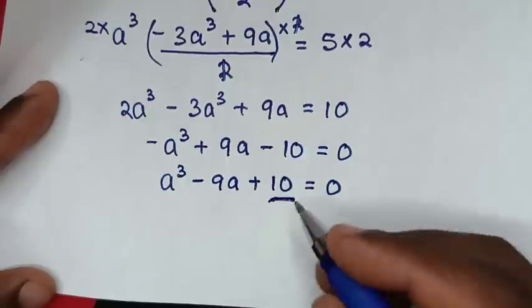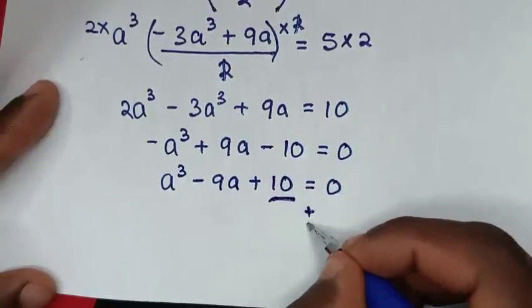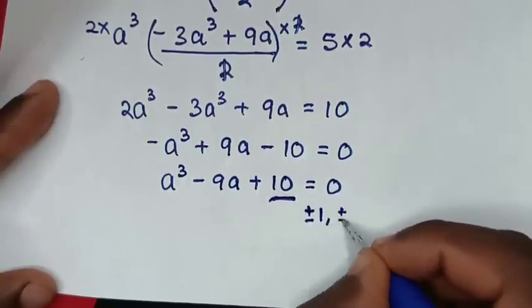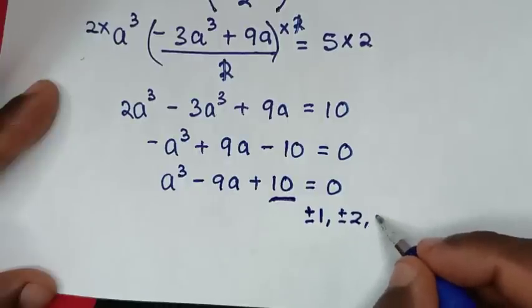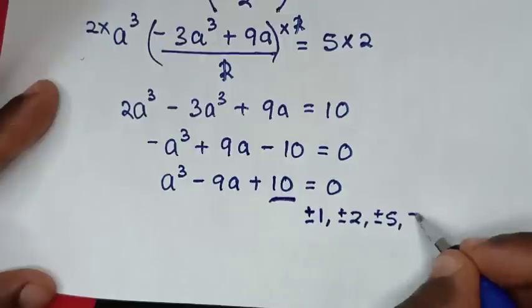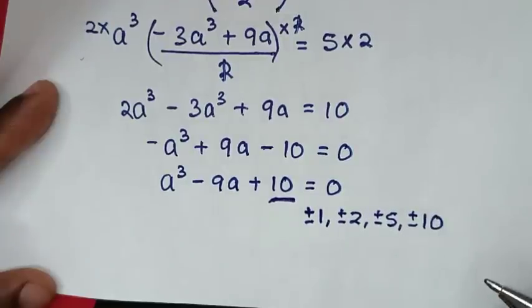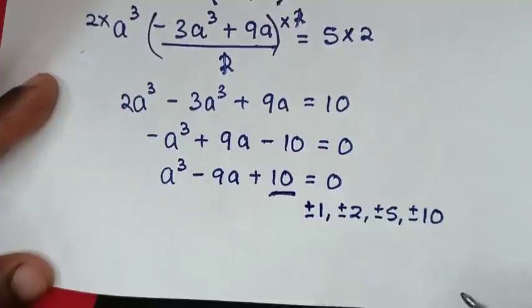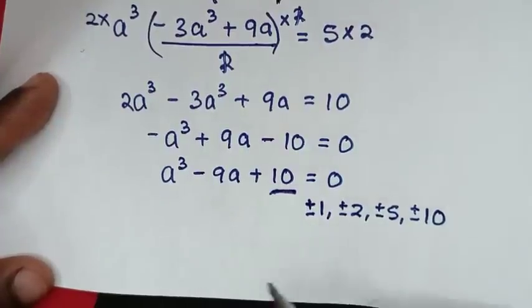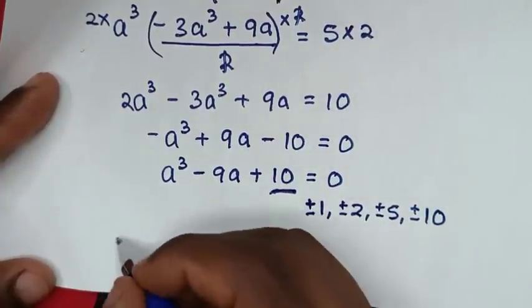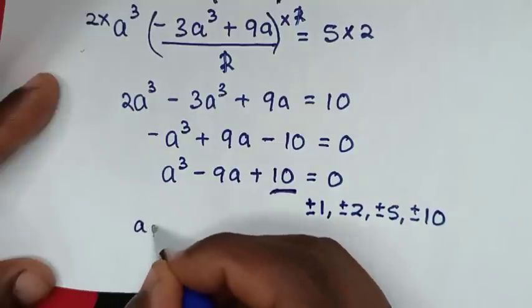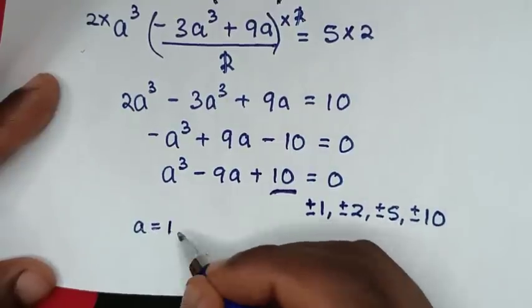What are the factors of 10? The factors of 10 are plus or minus 1, plus or minus 2, plus or minus 5, and plus or minus 10. So we test starting from the lowest factor. So let's test for a is equal to 1.